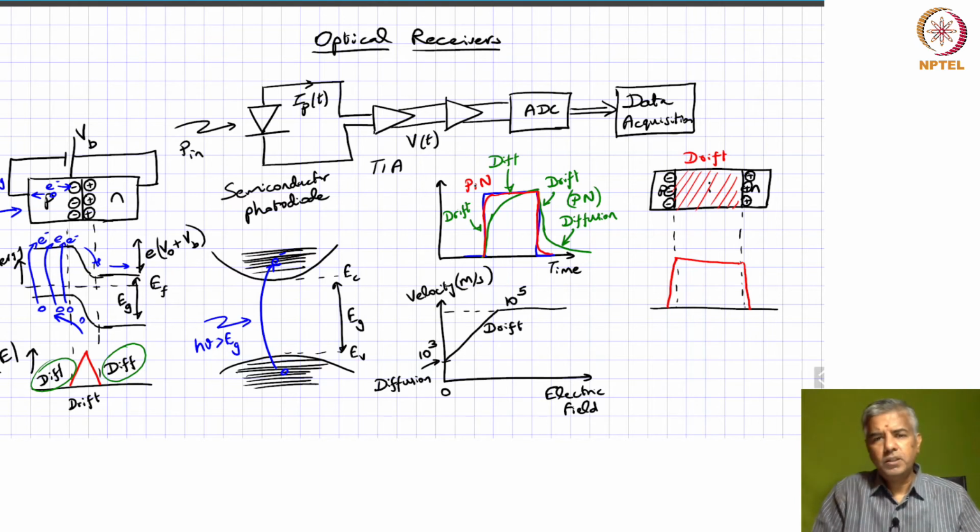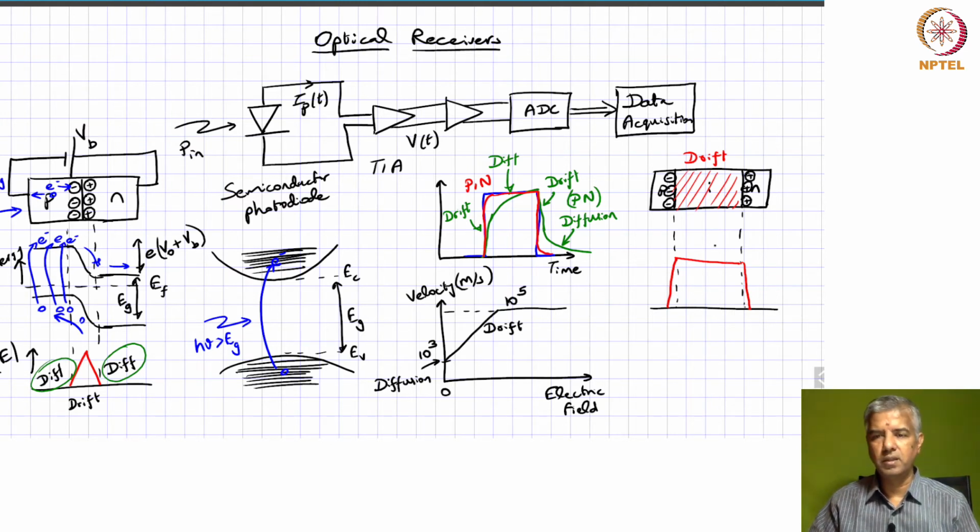So you will see that most of the photodiodes that you have in the market correspond to a PIN structure, and that is specifically because, especially around the I region, the electric field is relatively high, and it's relatively uniform as well.